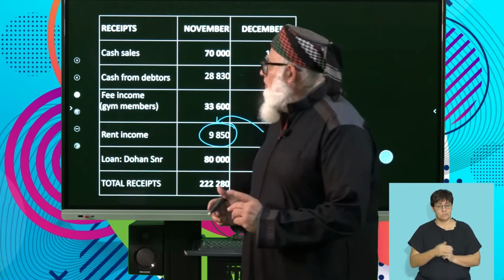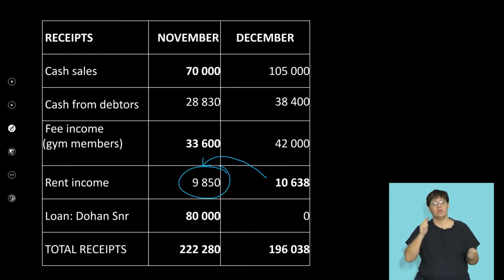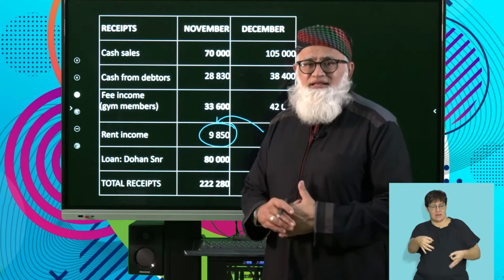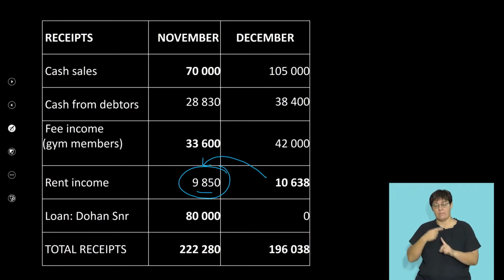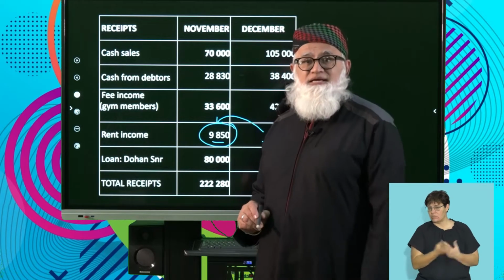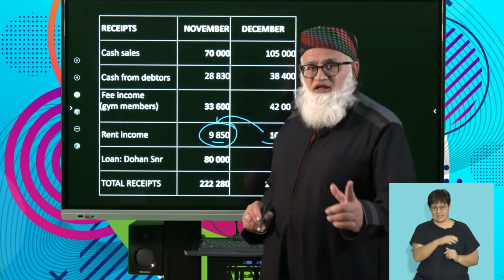Right? While we're at it, let's amend the question as we go along, because these are the types of questions that examiners ask in the accounting paper. If you were given the 9850 and the 10638, and you were then asked to calculate the percentage increase in your rental, how would you do that? Very simple.